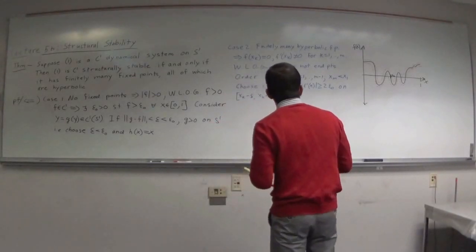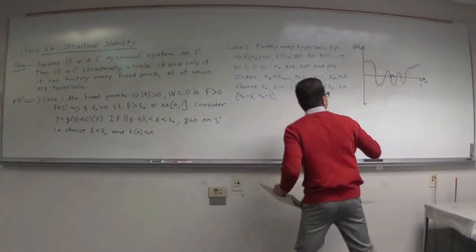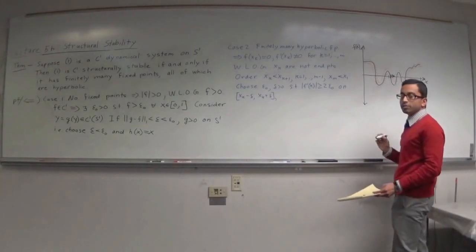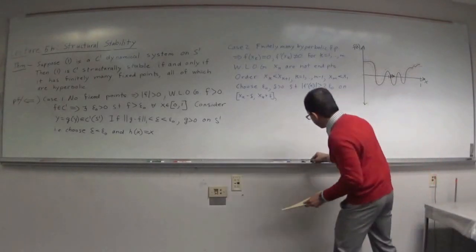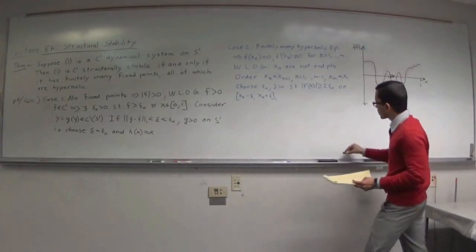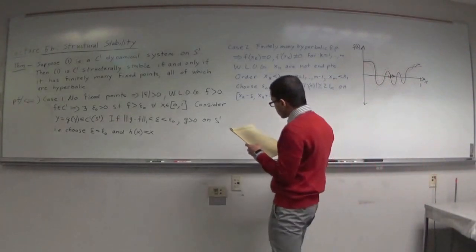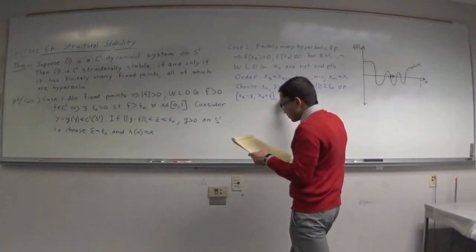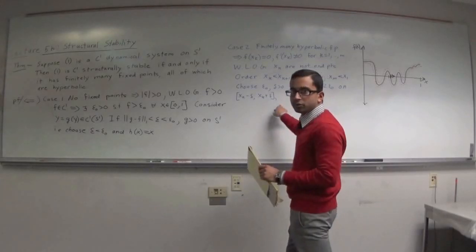So we're basically putting a ball around these x_k's, isolating these fixed points. This basically means that f is monotonic with a single zero on each of these little intervals.